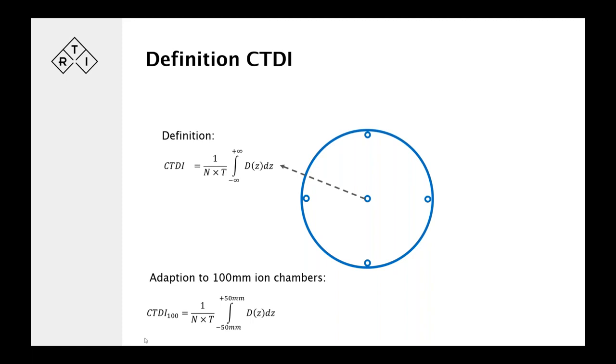So the CTDI 100 was introduced, which is an integration from -50 to +50 millimeters, integrating the dose over that area inside the phantom and dividing it by the collimated beam width, the number of slices multiplied by the slice thickness. So that was the first step.